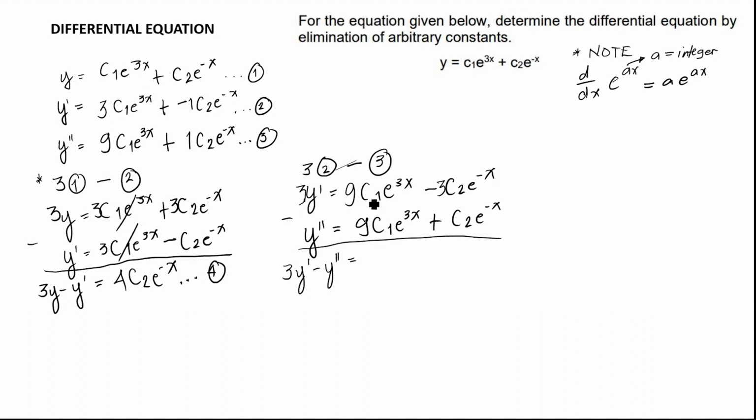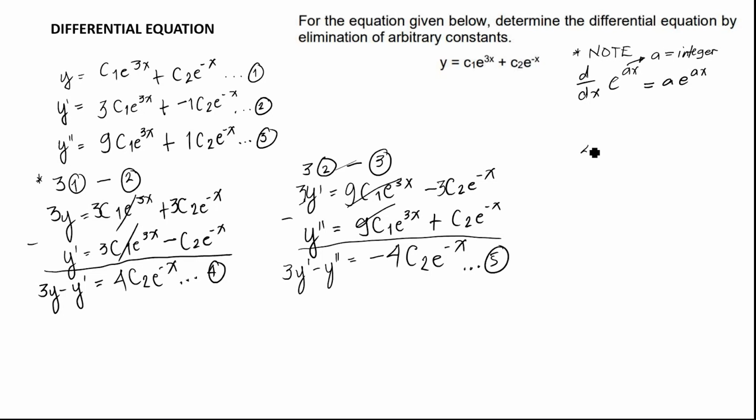This will be cancelled. So negative 3c2 e raised to negative x minus c2 e raised to negative x is negative 4c2 e raised to negative x. We have now this as equation number 5.